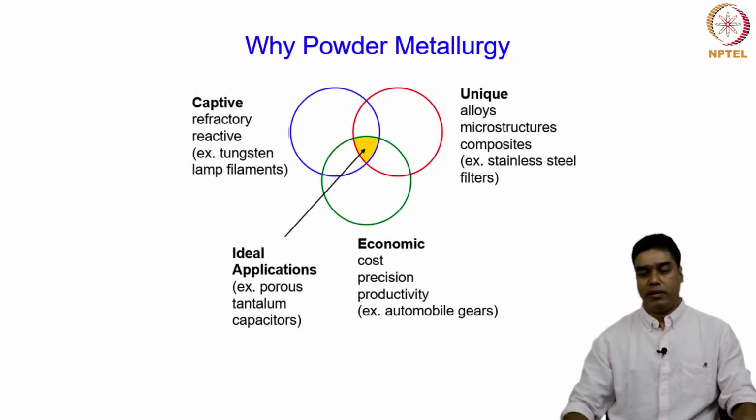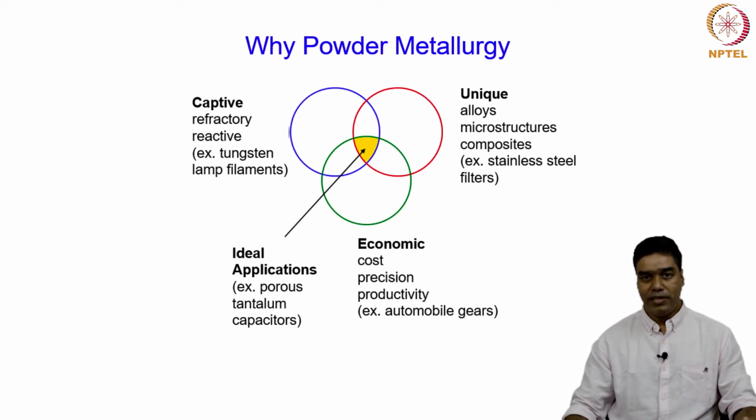So this is what we had seen before when we started this course, when we discussed what advantages and capabilities the powder metallurgy process can offer, right? And one of them was the uniqueness of the process in terms of making materials by combining two or three different materials into one, right?